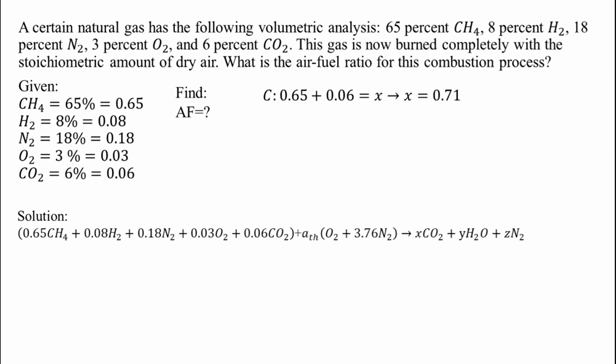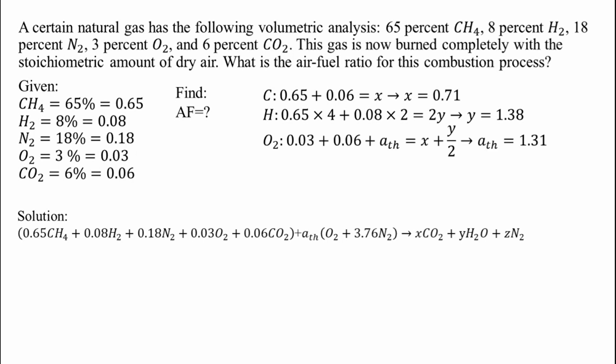Carbon: 0.65 kilomole plus 0.06 from the reactant would be equal to X from the product. Solving for X, we have 0.71. In hydrogen, we have 0.65 times 4 plus 0.08 times 2, which will be equal to 2Y. Solving for Y, we have 1.38.